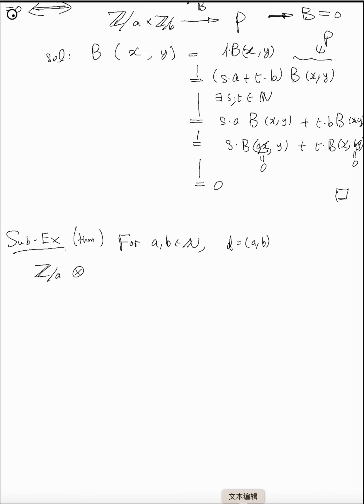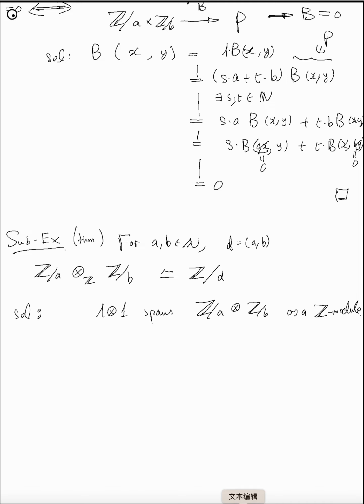We want you to prove the most general argument of this type, that the tensor product Z/a ⊗ Z/b is isomorphic to Z/d. Firstly, notice that again this spans our Z-module, and so for the Z-module you have to check its order.